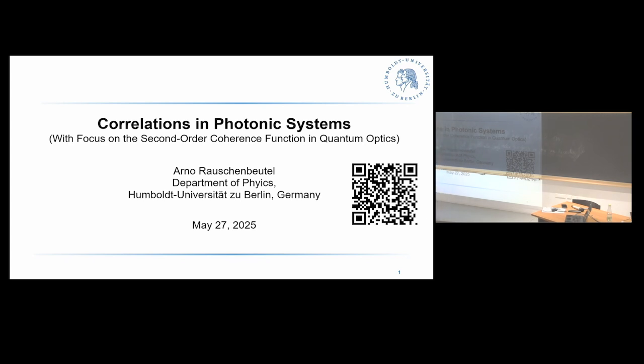And in the same way, what I can show is that the product of the intensities at time t and time t plus tau must be smaller or equal to the intensity at time t squared.